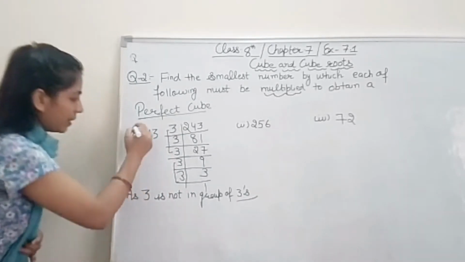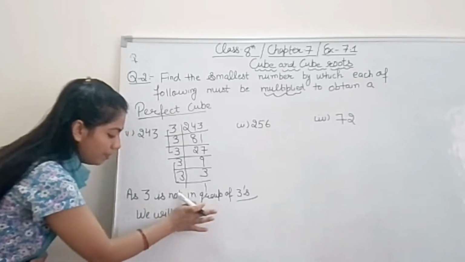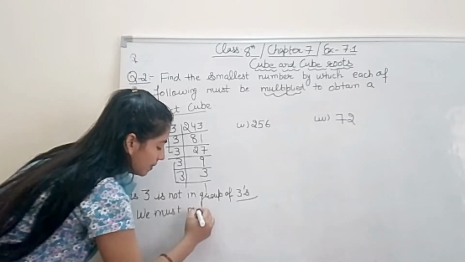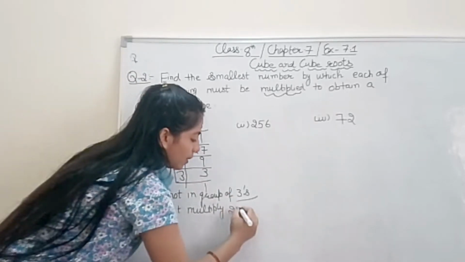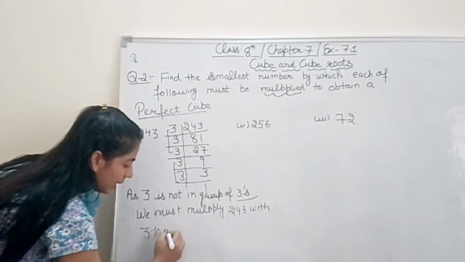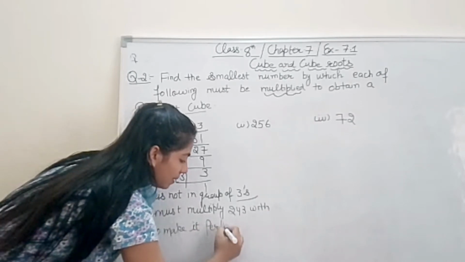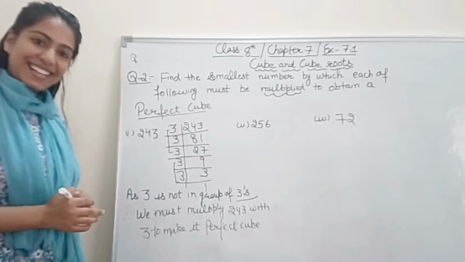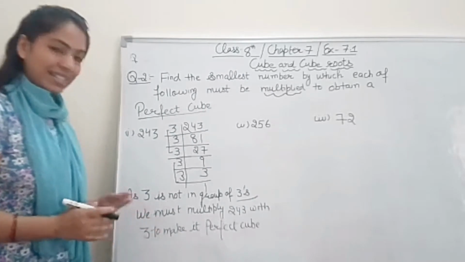So therefore we must multiply 243 with 3 to make it a perfect cube. That's it, student. Nothing else, right? So as we have done, the introduction part is this only.